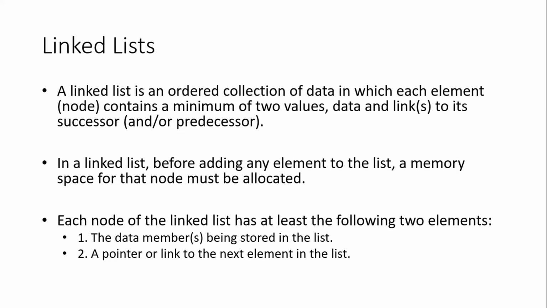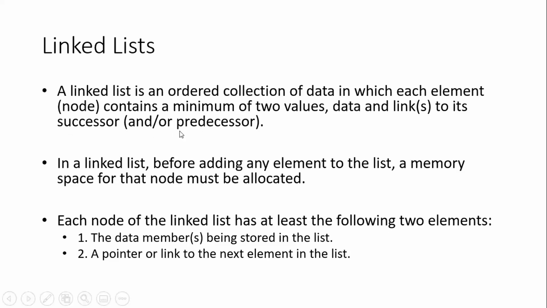So let's see the definition. A linked list is an ordered collection of data in which each element, which is called a node, contains a minimum of two values, that is data and links to its successor and or predecessor.